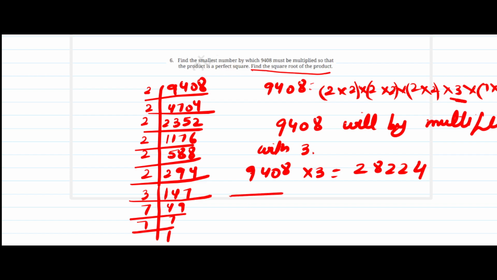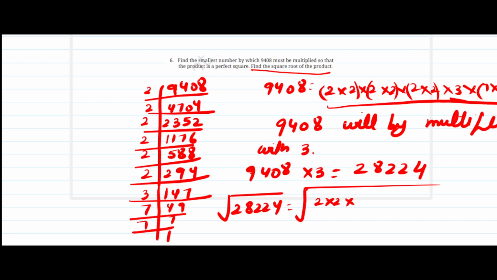Okay. Now they are asking to find out the square root of the product. That means the square root of 28224. That means, given this prime factorization, we will just multiply in 3, right? 2 into 2 into 3 into 3 into 7 into 7. Okay?